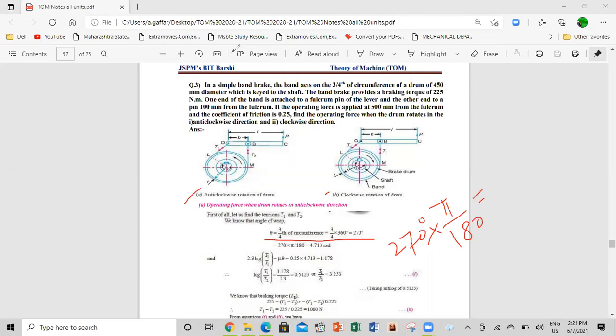Here 270 degrees is the angle, so we multiply 270 degrees by pi by 180. The answer is 4.713 radians. This is the value of theta, the angle of the band in contact with the circumference of the brake drum.